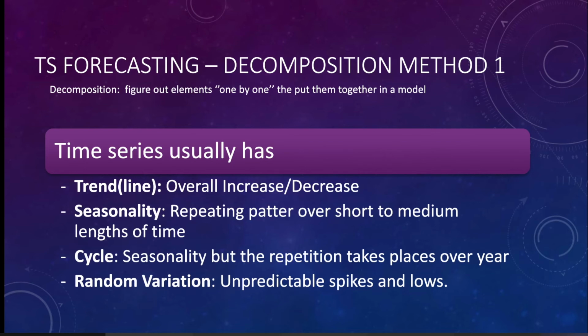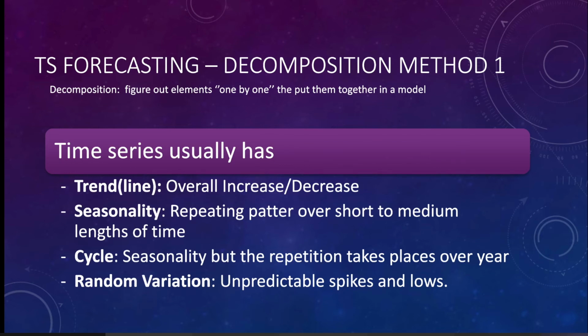Then we have seasonality, which is a repeating pattern over certain amounts of time. This can be a week, a month, a year. But if the seasonality is over multiple years, we now call it a cycle. And sometimes, for example during COVID, data can be just very unusual, and that would be a random variation.